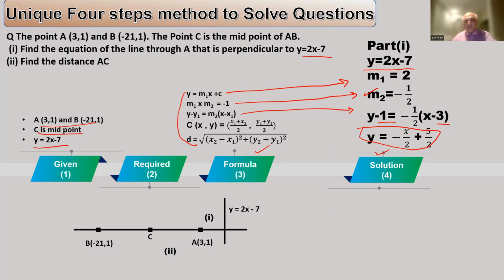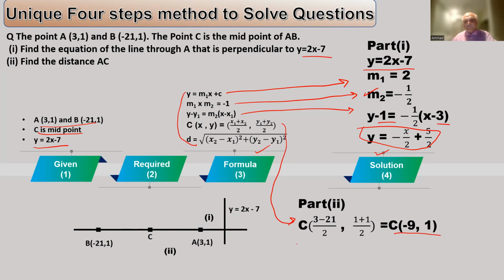Now come to the second part. In the second part, we have to find the distance between A and C. First, we find the coordinates of point C. C is the midpoint of A and B. So we apply this midpoint formula to find the coordinates of C, which come out as (minus 1, 1).